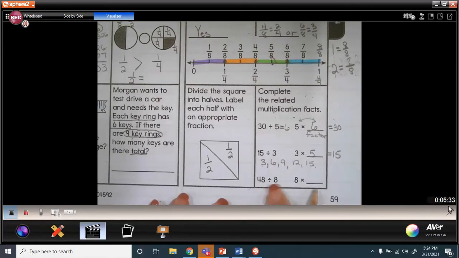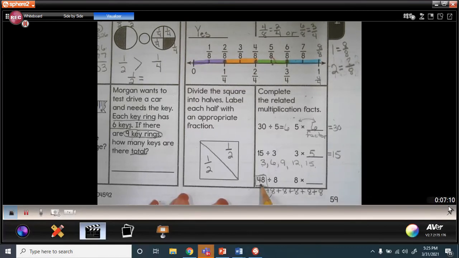And 48 divided by 8. 8 plus 8 is 16. Plus 8 is going to be 24. Plus 8 is going to be 32. Plus 8 is going to be 40. 40 plus 8 is 48. And so now that I'm at 48, how many groups did I take out of 48 to make 48? 1, 2, 3, 4, 5, 6.